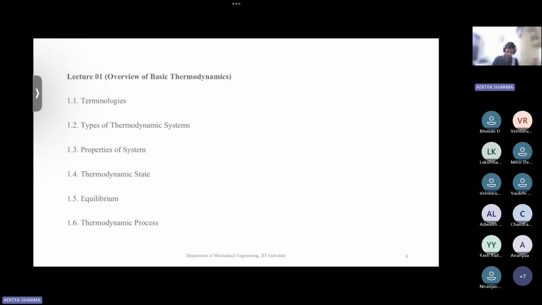So in lecture 1 we started with the terminologies, like what is a system and what is a boundary. System and boundary, I hope, are clear to you all. This is very basic.